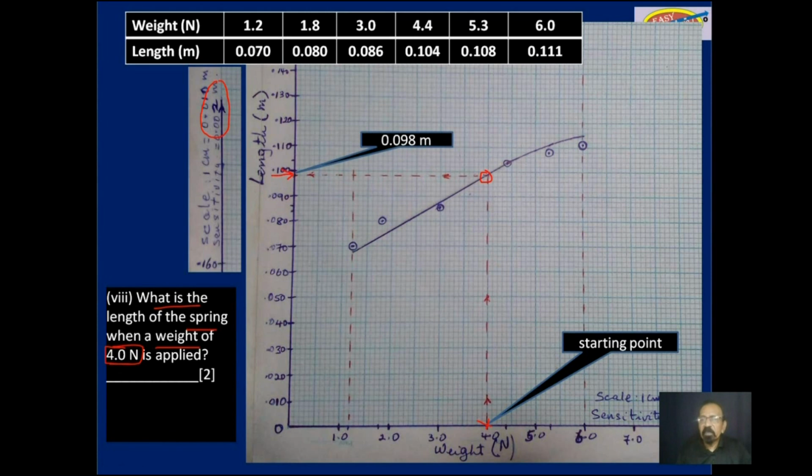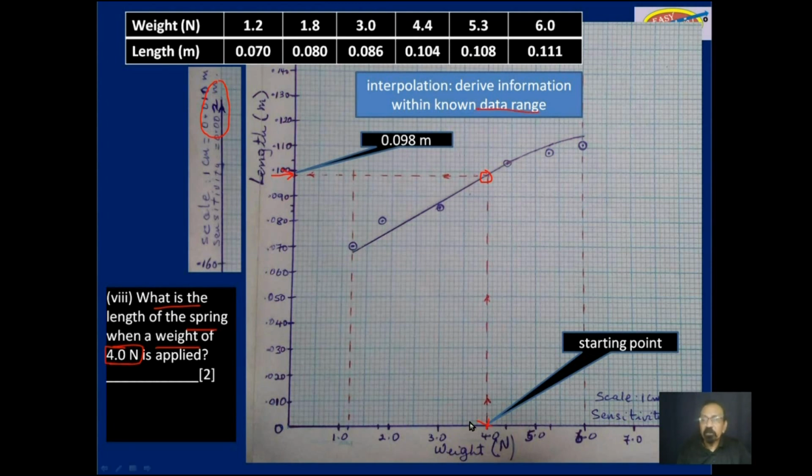So if you are given any value on the x-axis within the known data range, and our known data range is 1.2 to 6.0, we take any point here. Suppose it had been 2.5. We come here, go up here, go across, and that would have been our answer.